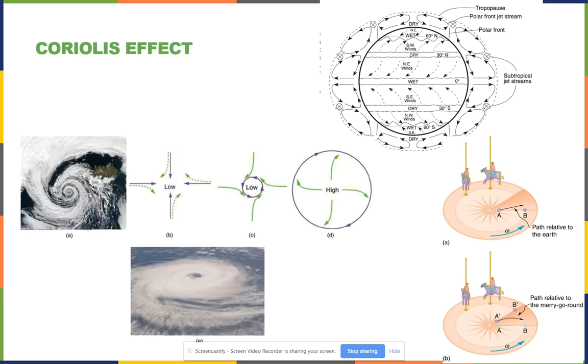So when you throw the ball toward the center, if you're standing here and you throw it toward the center, the actual velocity is going to be that velocity you gave it plus the velocity you had going around the circle.